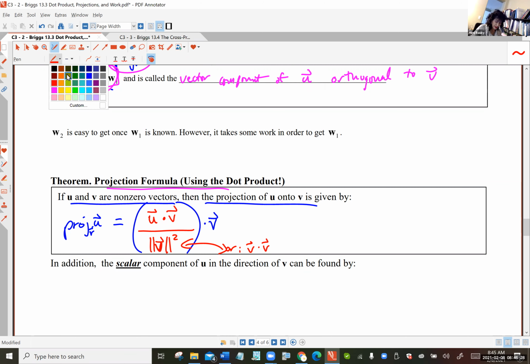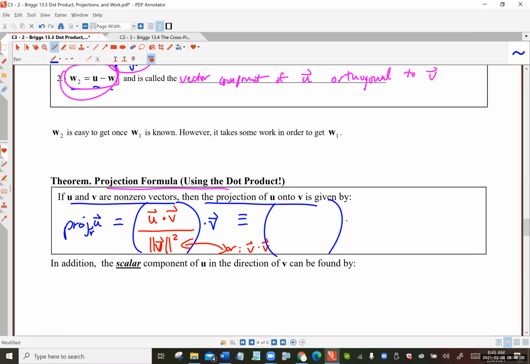Now I'm going to give you another version of this formula. This is the same as a scalar times the vector V. Okay, fine. Well, what scalar now? It's going to give you the same scalar, but a different, alternate formula for it. So I want you to recall from last week, do you remember the theorem that the dot product of two vectors can be found in another weird way besides U1 V1 plus U2 V2, taking the product of the components and adding them together?